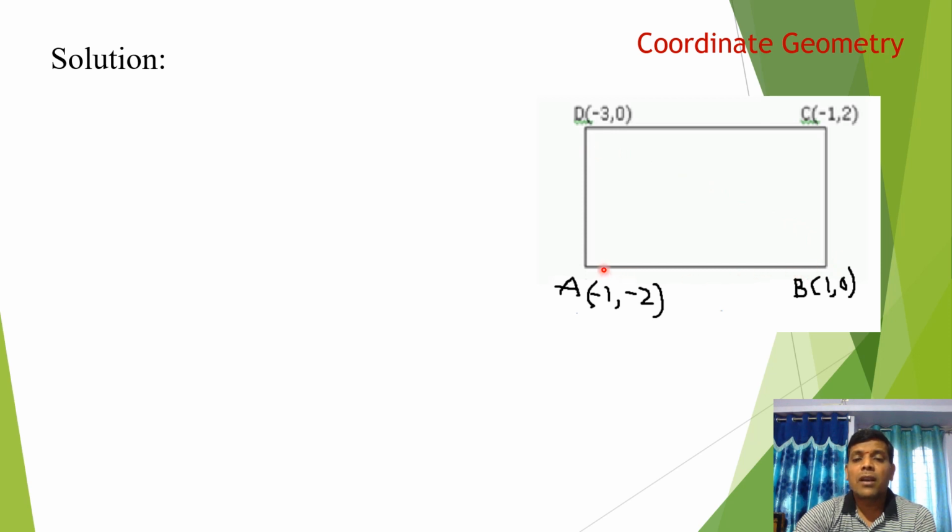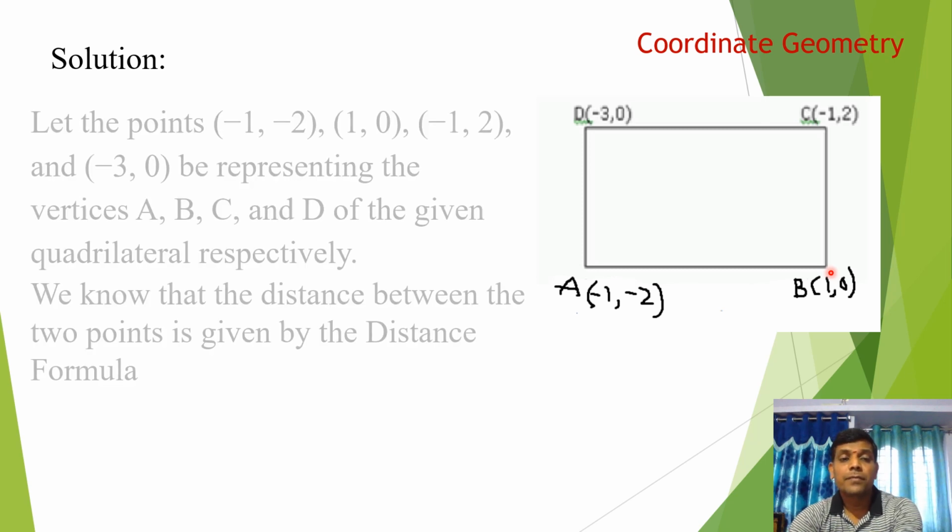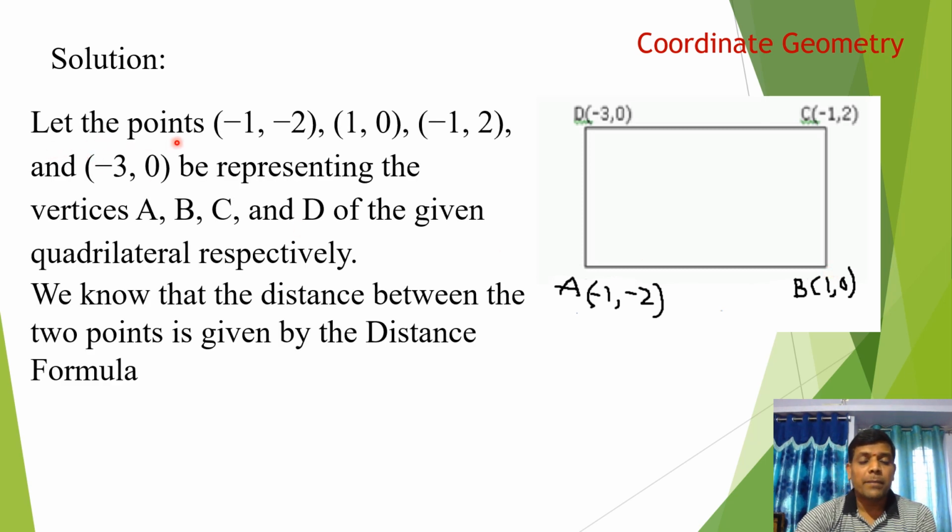The given quadrilateral depends on the distances of all sides and diagonals also. Let the points (-1, -2), (1, 0), (-1, 2) and (-3, 0) represent the vertices A, B, C and D of the given quadrilateral respectively.